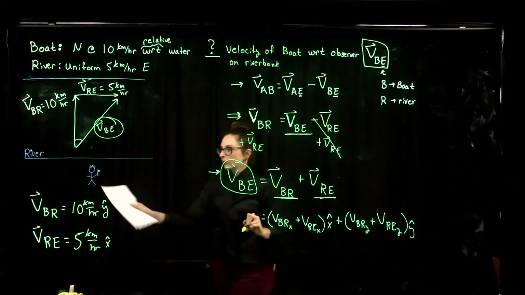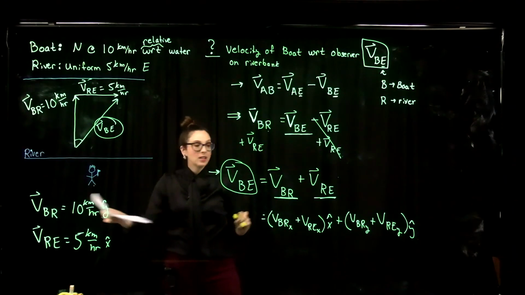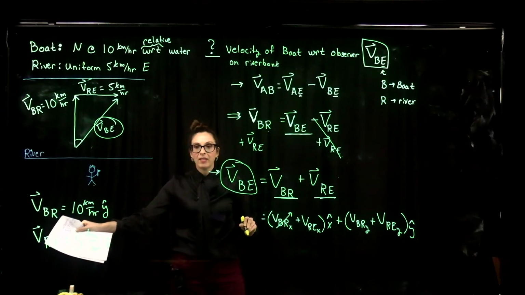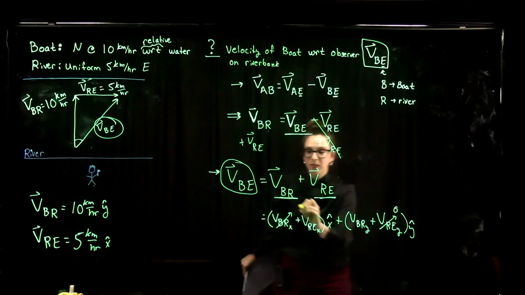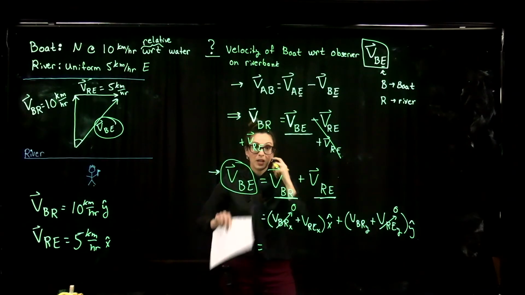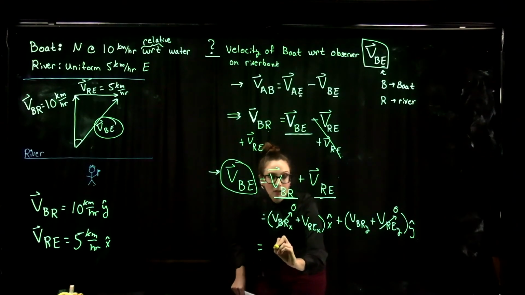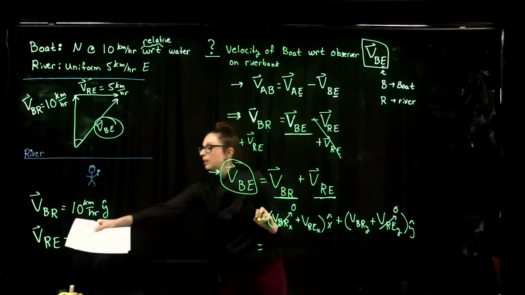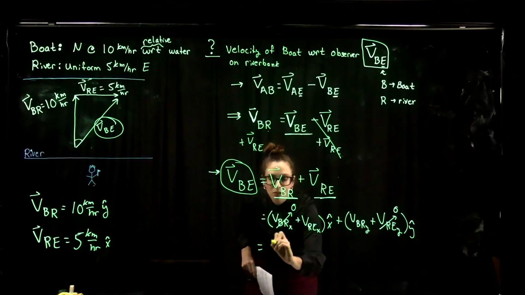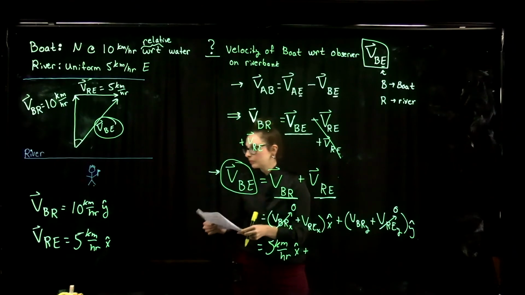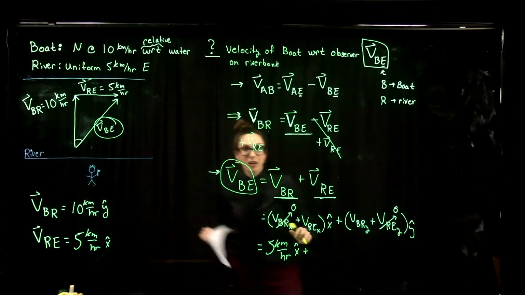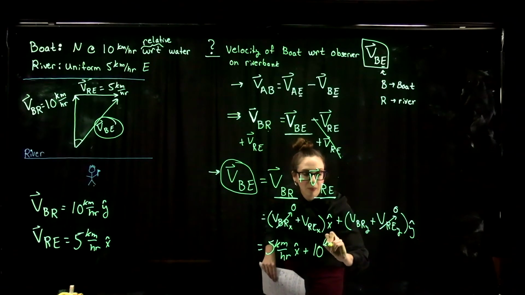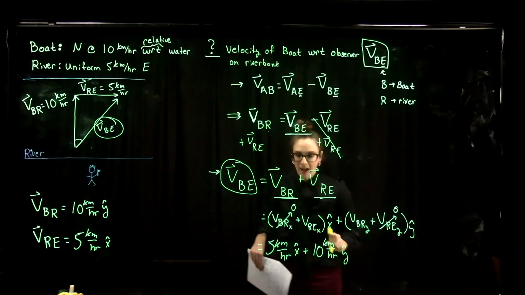And so if we're looking at V sub BR, it doesn't have an x component. If we're looking at velocity sub RE here, it doesn't have a y component, okay? And so then our vector BE becomes just the component of this vector here in the x direction, so 5 kilometers per hour x hat, plus the y component of vector sub BR here, and that's 10 kilometers per hour y hat, okay?